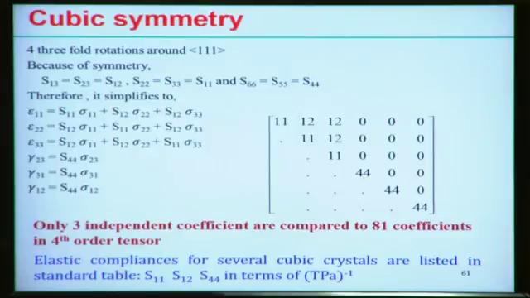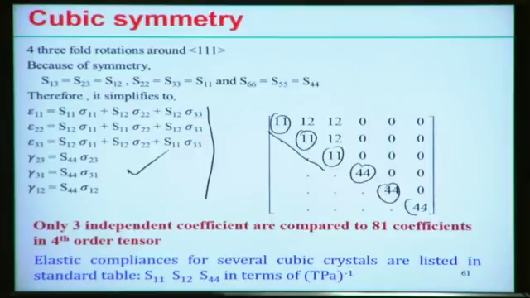So we can represent the system of equations like this, epsilon 1 1 in terms of sigma 1 1. In this case the compliance or stiffness matrix is represented like this: 1 1 1 1 1 1 are all equal, the diagonal 4 4 4 4 4 4 are all equal, and the 1 2 terms. So basically 3 different elastic constants exist in the case of cubic symmetry.